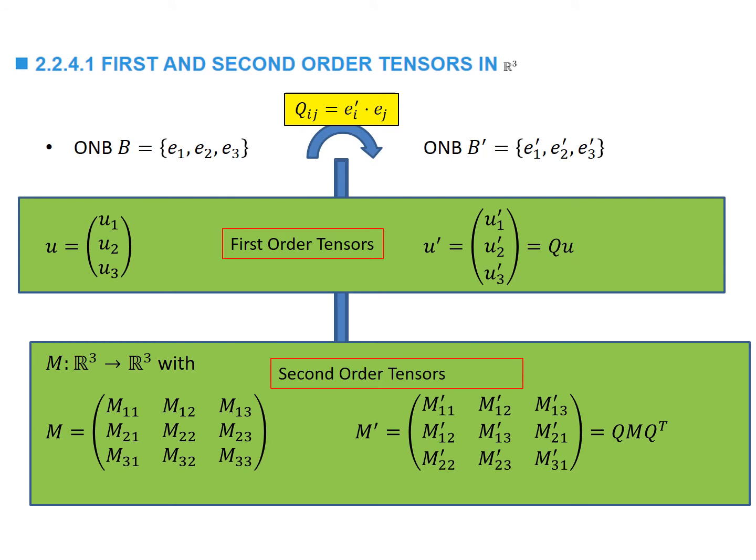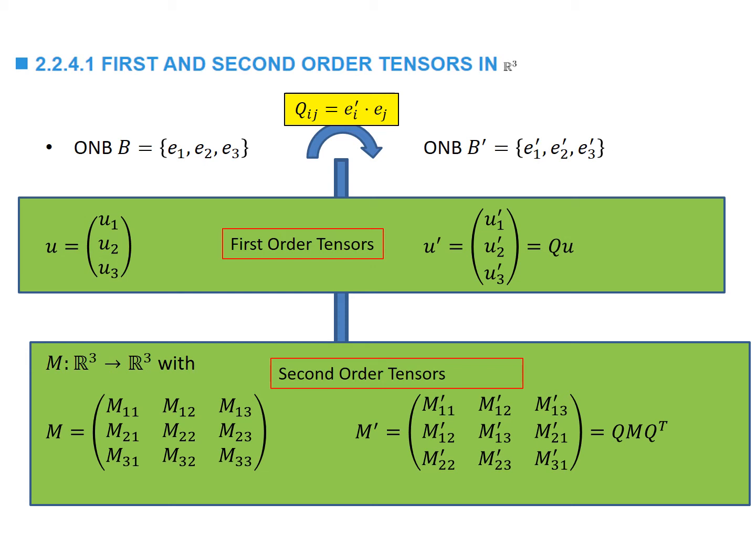The fact that the components of U have one subscript and change according to this relationship, while the components of M have two subscripts i and j and change by the relationship QMQ transpose, has motivated the terminology first order tensors for U and second order tensors for M.